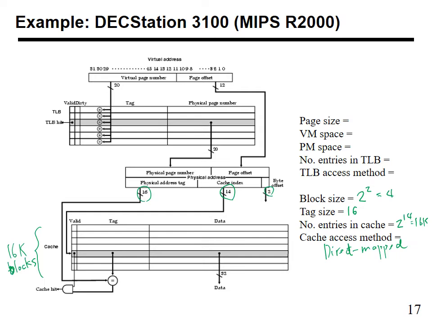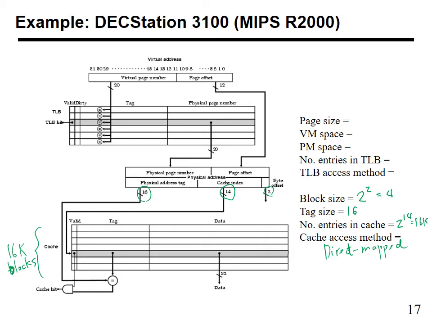And just giving you a more comprehensive example, this is one of the real systems. We'll cover the cache first. Since there are 2 bits for the block byte offset, 2^2 is a 4 byte block size, and the tag size, as you can see on the left hand side in the middle, is 16. The number of entries in the cache is, because the cache index is 14 bits, 2^14, which is 16K.